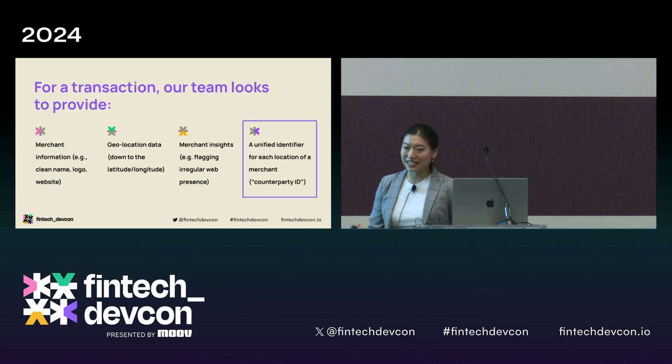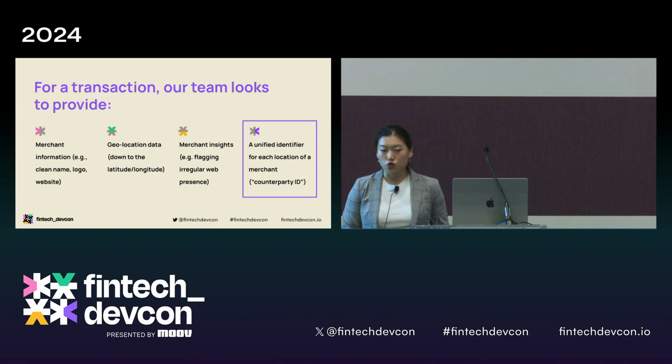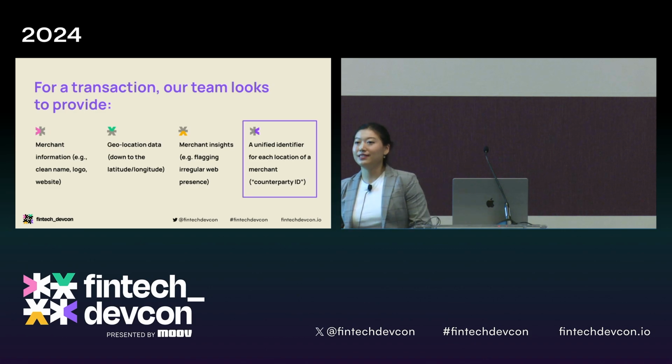One of the key responsibilities of our data science team is to maintain that database, ensure its quality, build links between different records, and also provide one of the fields that our customers found most valuable, what we call counterparty ID, which is a unique identifier for each location of a merchant.